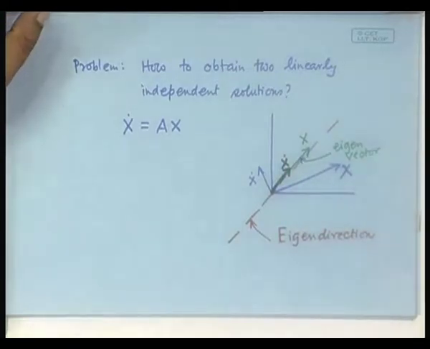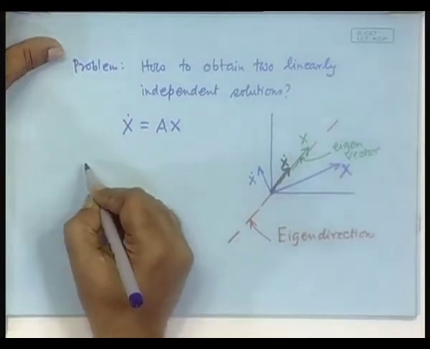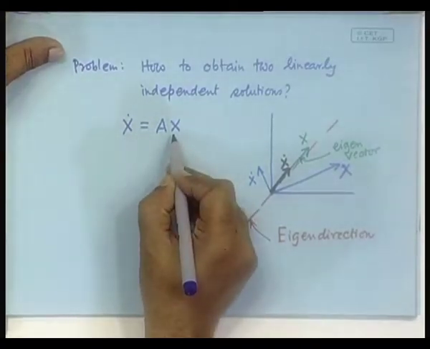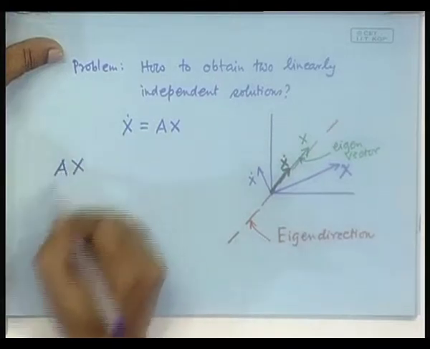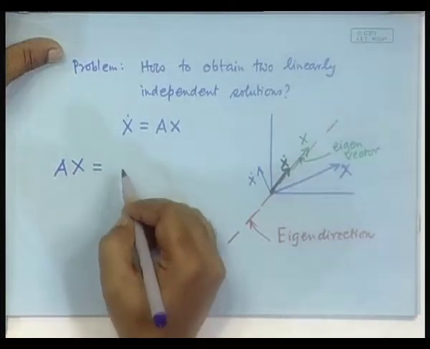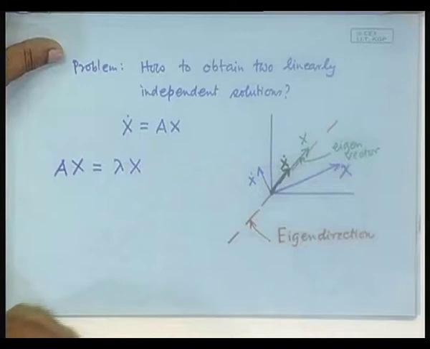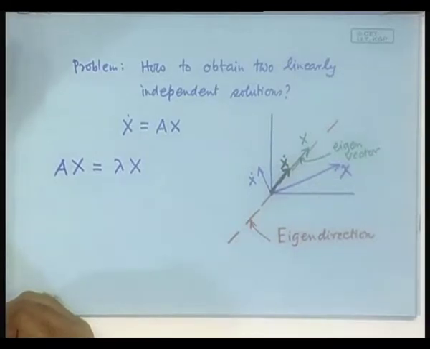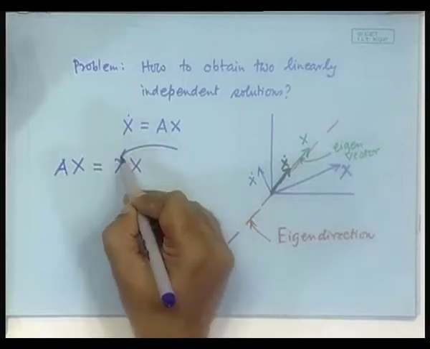So, from x dot is equal to A x, we can write that A operated on x will be nothing but a number lambda times x. This lambda is the eigenvalue.